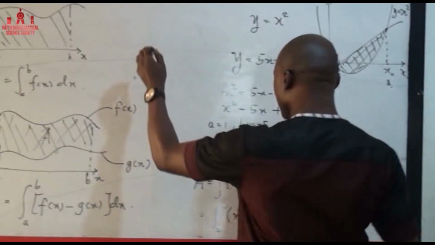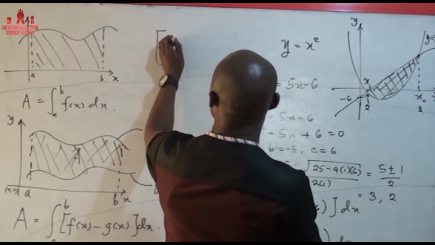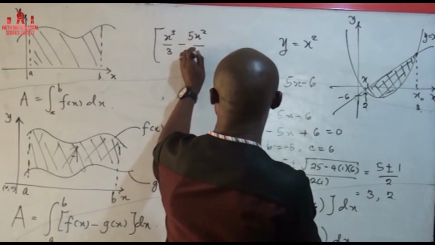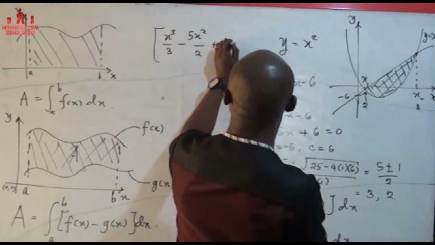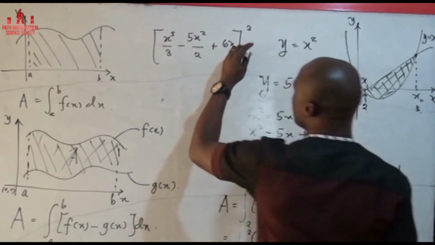I'm going to do that here, and that is going to give me x cubed over 3 minus 5x squared over 2 plus 6x, from where to where? From 2 to 3. So I substitute the values.